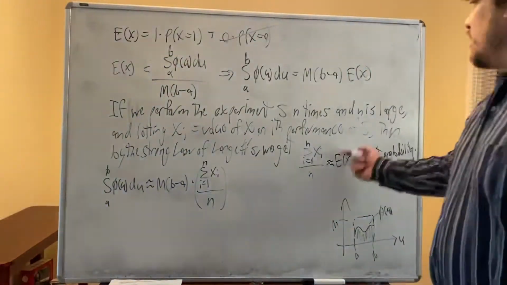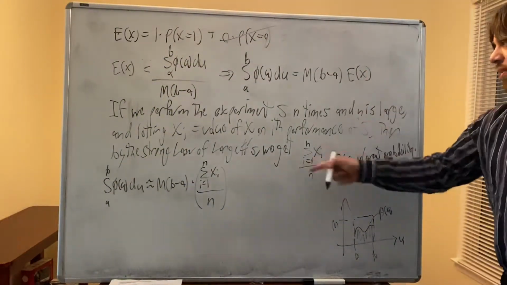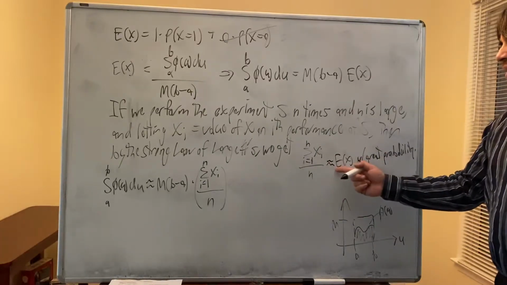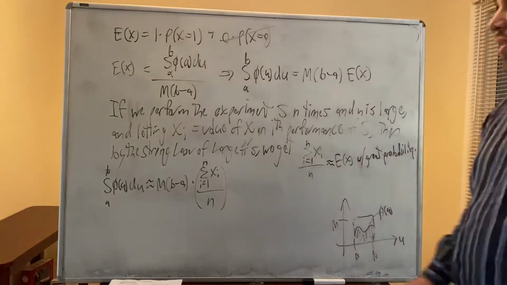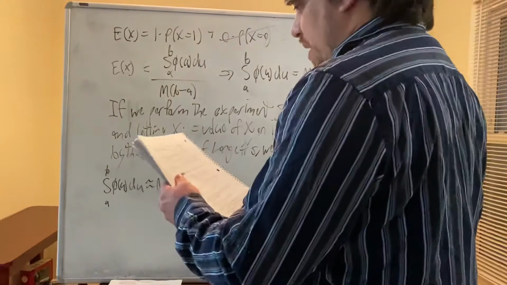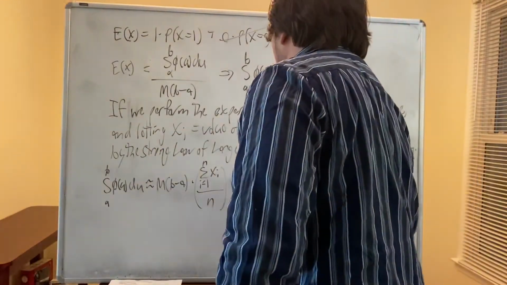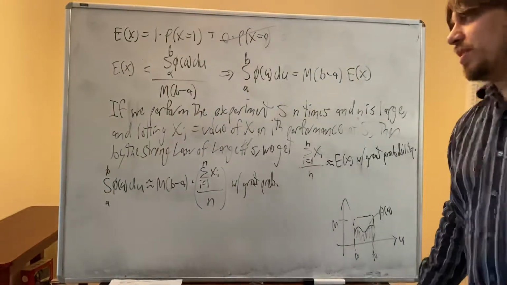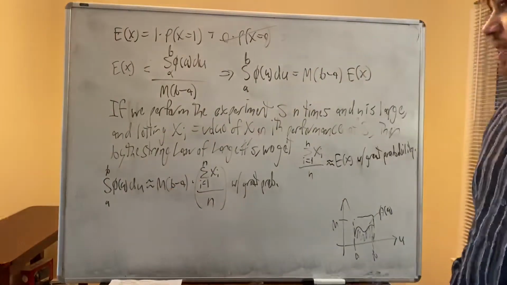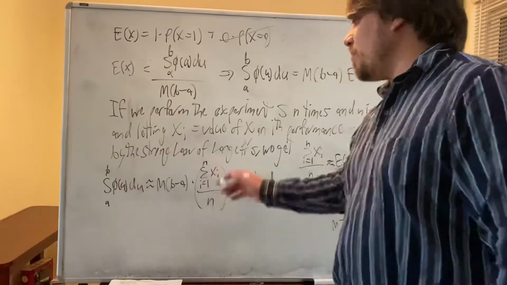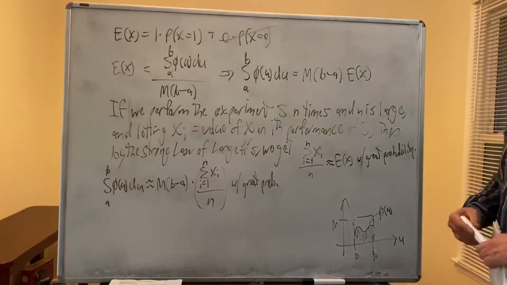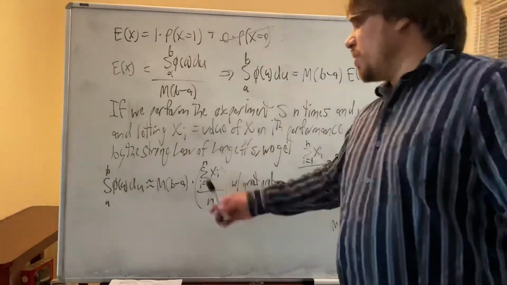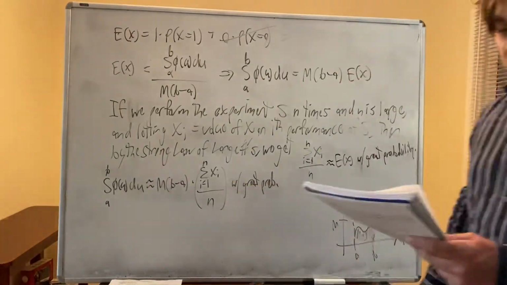I'm just replacing the expected value with this, and since they're approximately the same with great probability, this integral is approximately that with great probability. So it's highly likely that this definite integral is approximately the same as capital M times (b minus a) times the sum of the x values in n performances of the experiment S divided by little n.